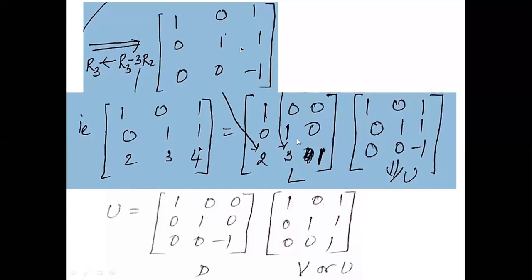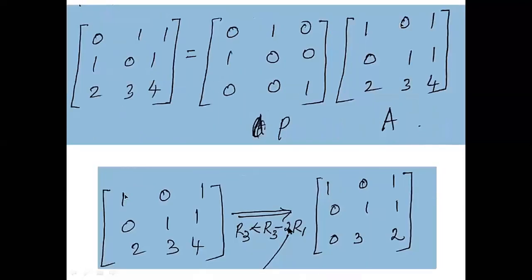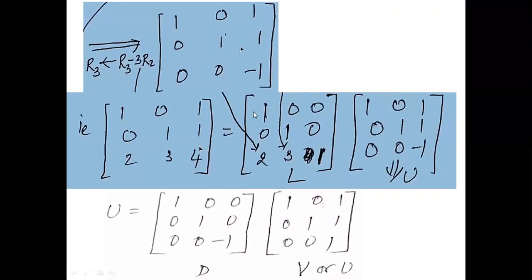So you have 1, 1, and 1, and zeros on the top. And we need to fill the other three values. This value is 0, therefore 0 is pasted here. The other two values we get from the row operations which we have performed. So you have a 2 here and you have a 3 here, and that is pasted here.